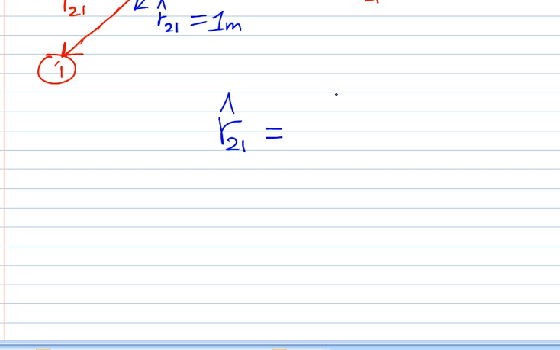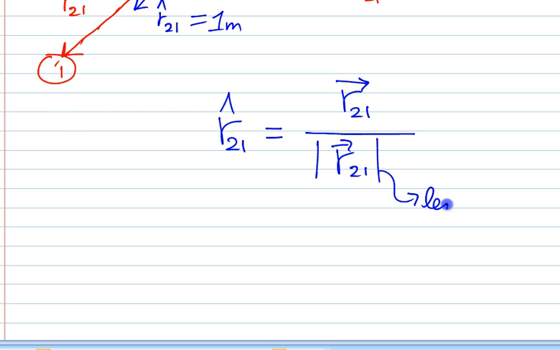But what we say is, to get a unit vector in the direction between 2 and 1, what we need to do is take the vector itself, r21, and divide by the length of that vector, the magnitude of r21.